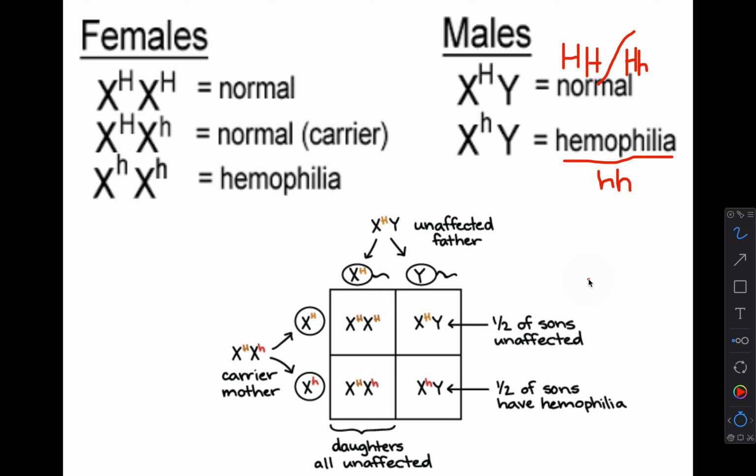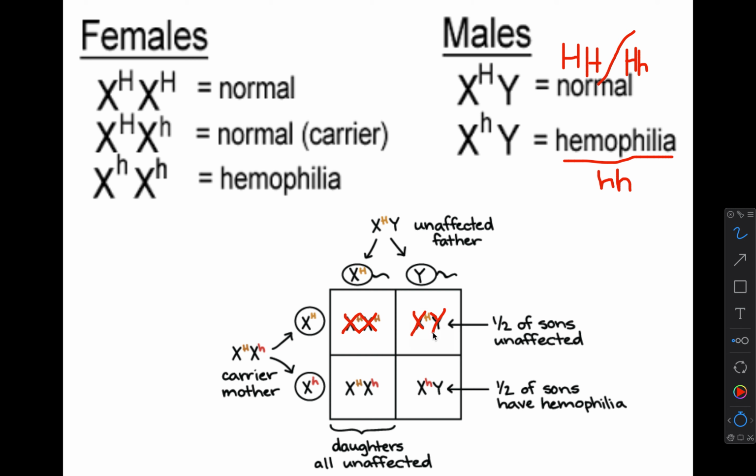The very first thing you're going to do in your Punnett square is fill in the sex. So you're going to fill in XX, XY.